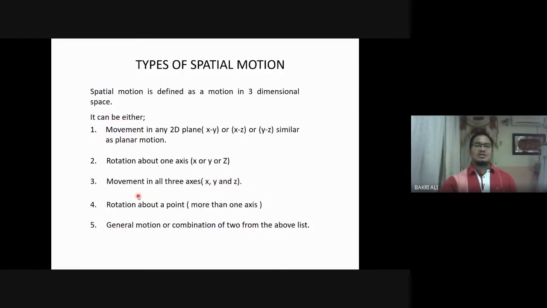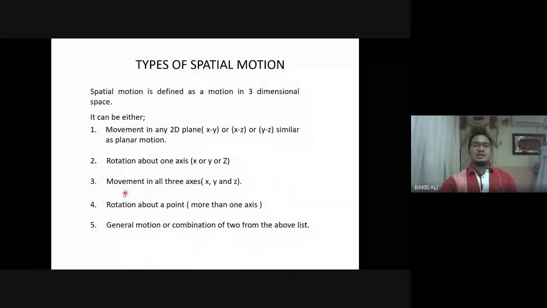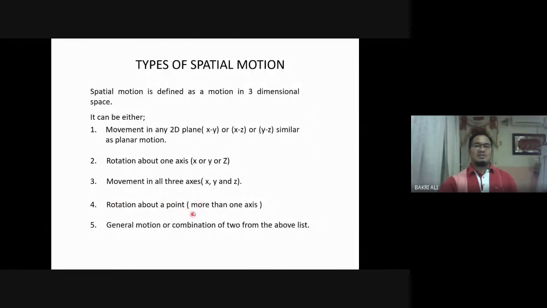Then rotation about a point. Rotation about a point means it rotates in more than one axis. It might be due to a ball joint, not a bearing. A bearing can only rotate in one axis.